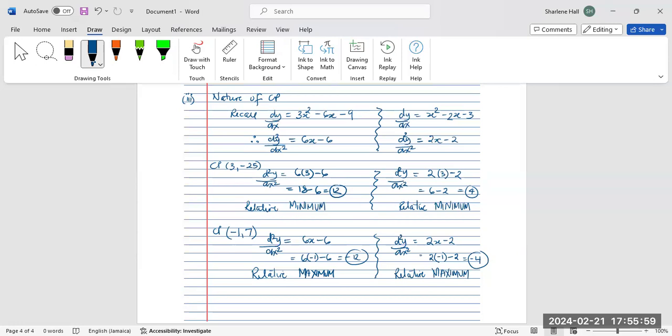So if you want to be consistent, you can just use the original derivative, if you feel more comfortable with that. I would say use the original one just in case you make a mistake when you do the division, it may throw you off. So just be consistent and use the original one. You follow what I'm saying?